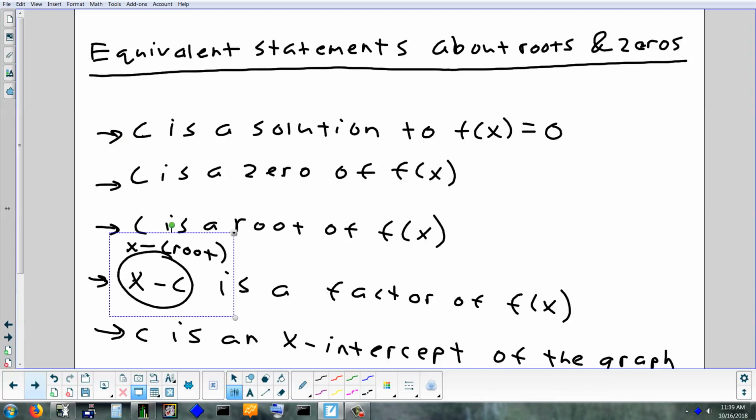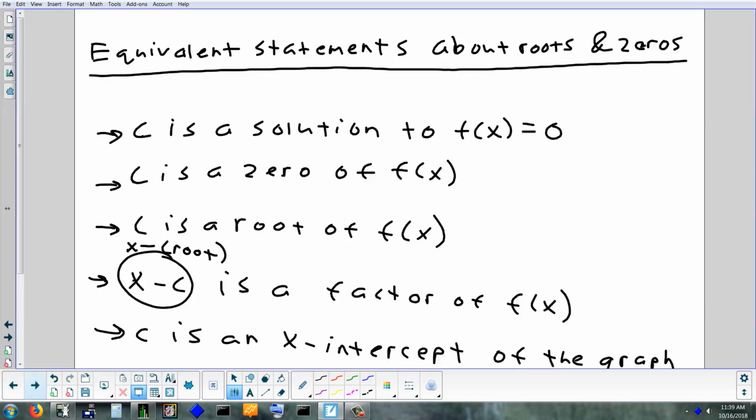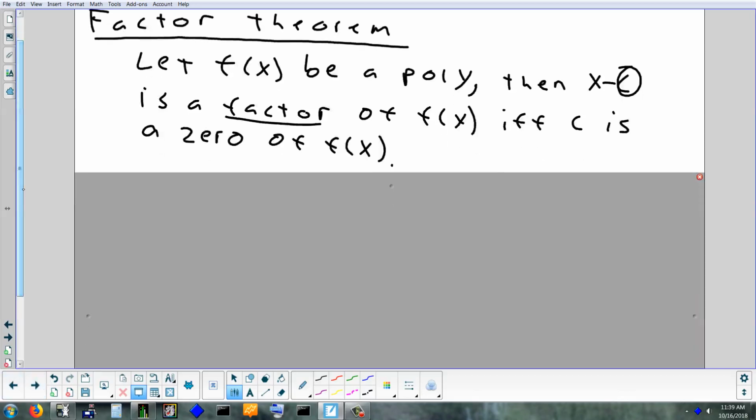So that's the important one. So in order to show that that is a factor, I'm going to show that the number after the minus sign is a 0 or is a root. Same thing. Okay. And the quick way to do that is use the remainder theorem. See if you get a remainder of 0.